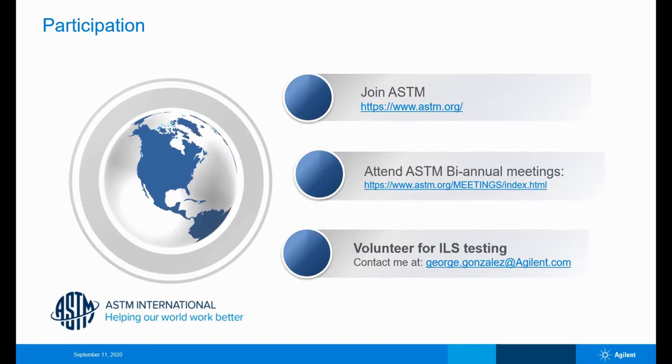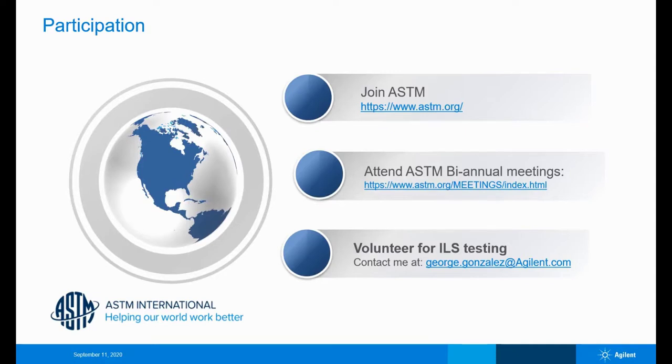It makes it difficult to add additional load of sample testing to participate in an ILS. But it's vitally important to continue to expand the volunteer list so that we can have additional support and resources that help to develop standards.